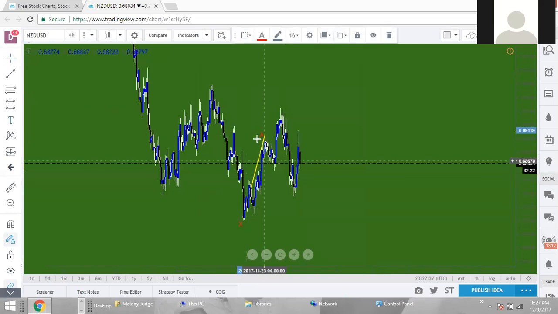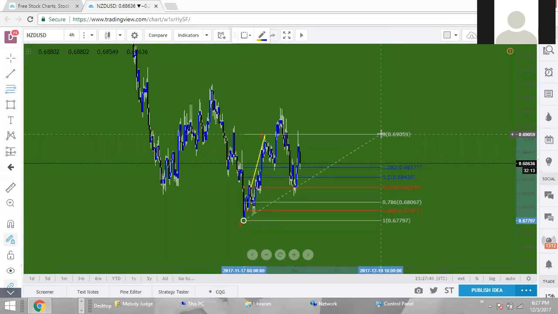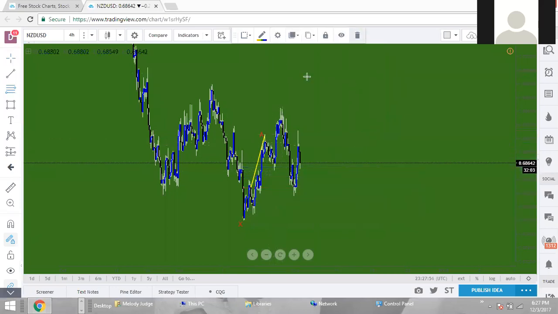We have our XA move right here. In order to identify B, we always need a minimum retracement of 38.2. As you can see, we touched the 38.2 and ran away from it like it was contagious or something. So, having identified that the 38.2 was hit, we have a valid B leg.